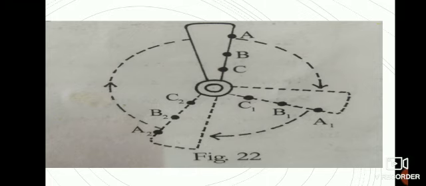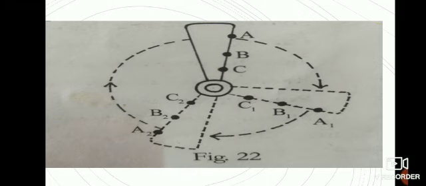While the blade of a fan is moving, the points A, B and C on the blade move to A1, B1, C1 first, and then they move to A2, B2 and C2 position. Thus, when a fan is in motion, each point on the blade moves in a circular path around the center of the fan, which is fixed.